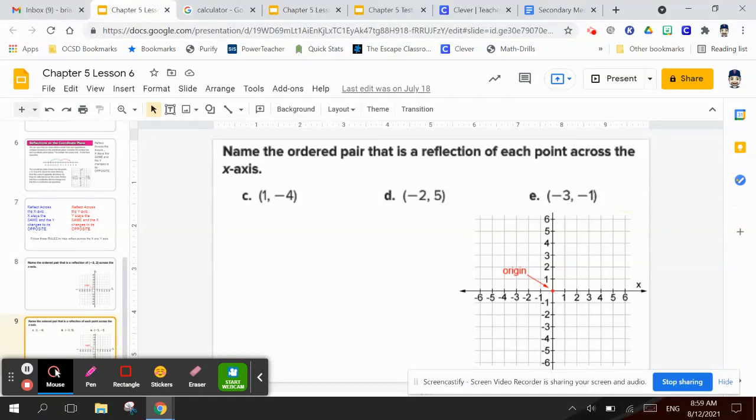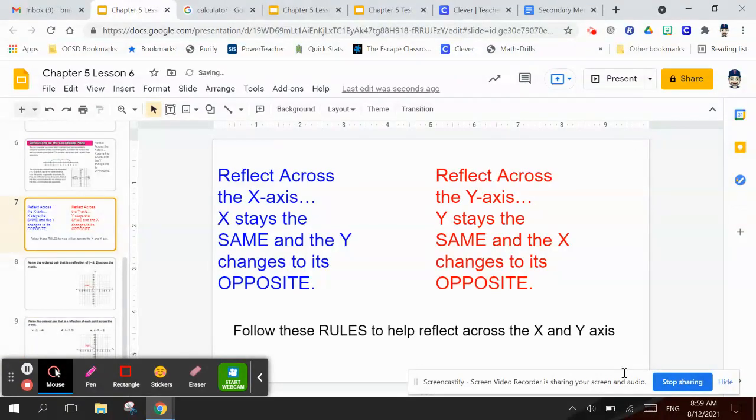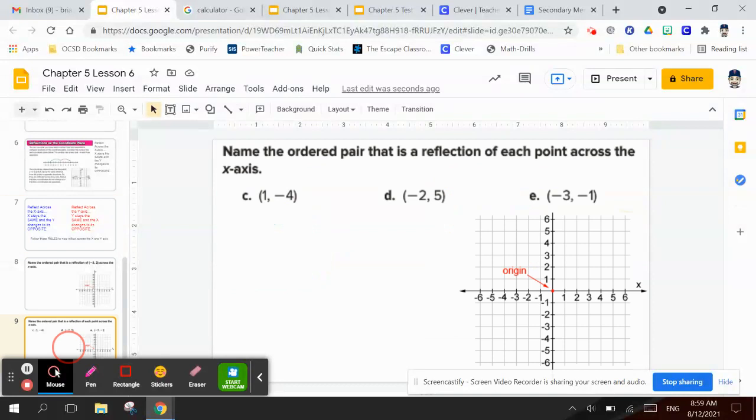Let's name the ordered pairs that reflect across the x-axis for each point. Again, when we reflect across the x-axis, x stays the same and y changes to its opposite. So here's my x value, here's my y.